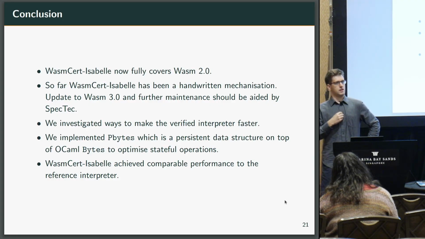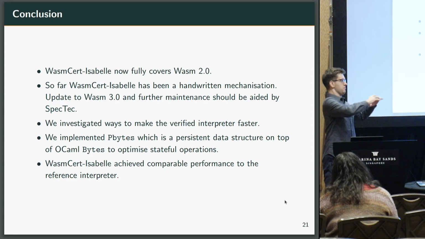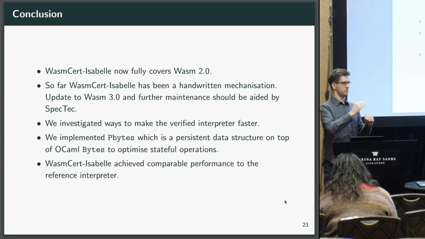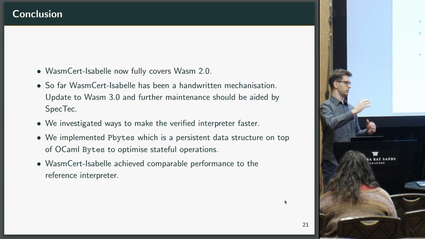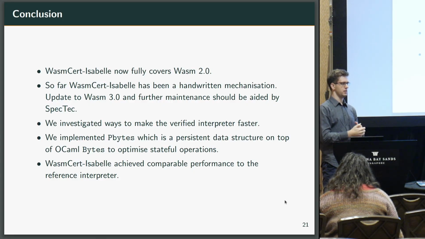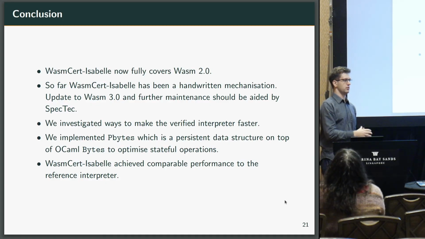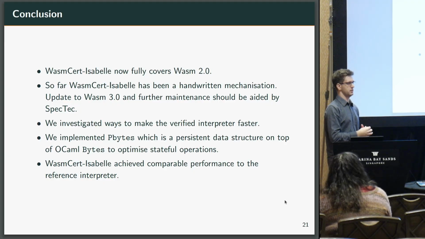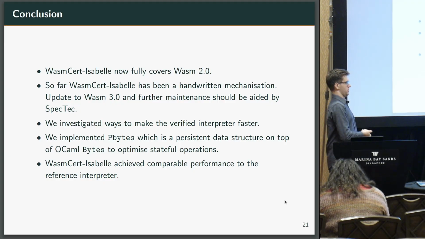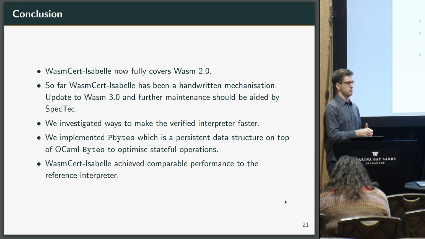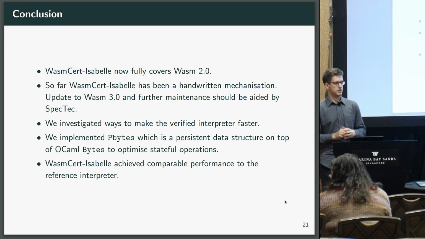SpecTech has many parts of the mechanization. The interpreter is maybe just one of them. SpecTech could definitely generate definitions. Perhaps something bespoke would have to be built on top of SpecTech to optimize the interpreter, if we wanted SpecTech to emit a fast verified interpreter.